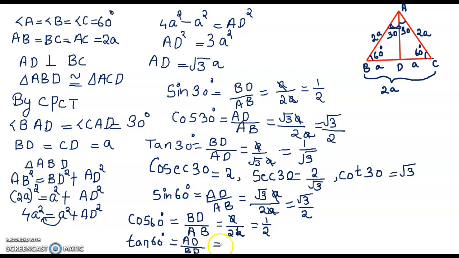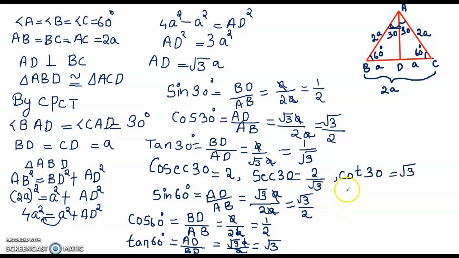AD is root 3 a, divided by BD, which is a. Cancelling these two a's, I got the value of tan 60 as square root of 3.